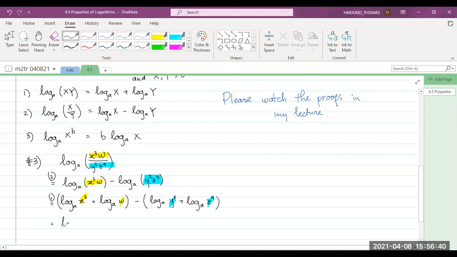So this is log base A of x cubed plus log base A of w minus log base A of y squared, minus log base A of c to the fourth.